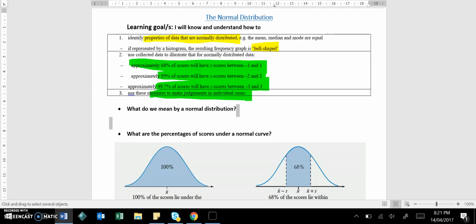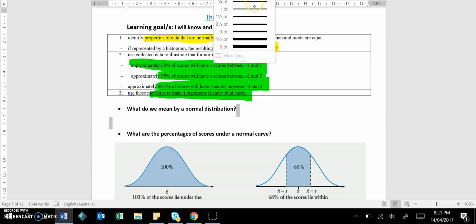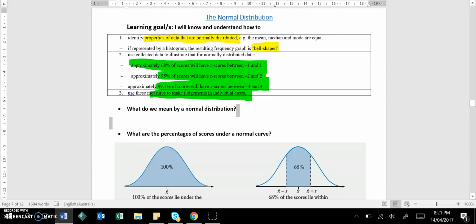Cool, so what does a normal distribution actually mean? Well, normal distribution actually means that data is spread out evenly or symmetrically.